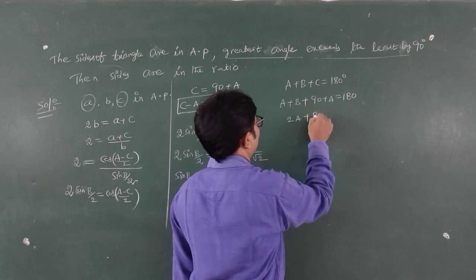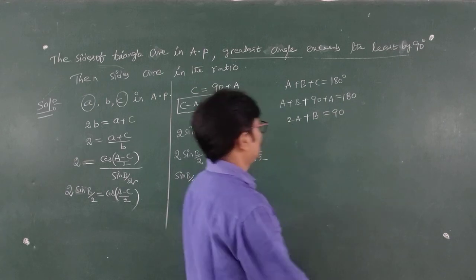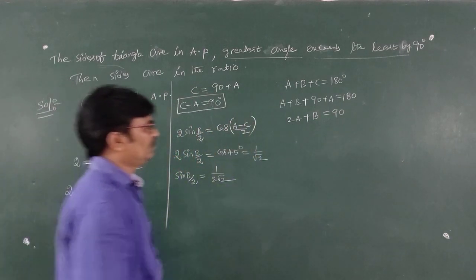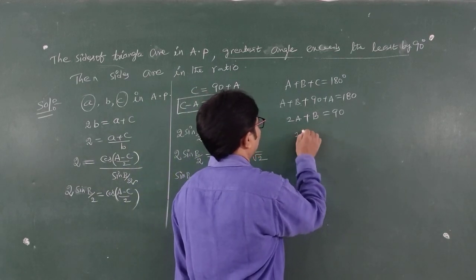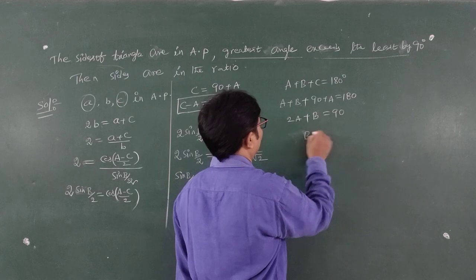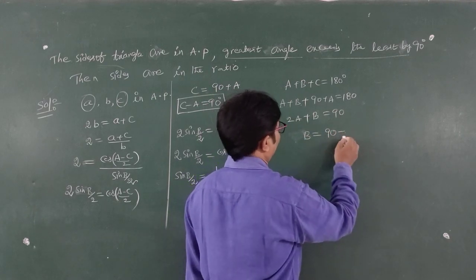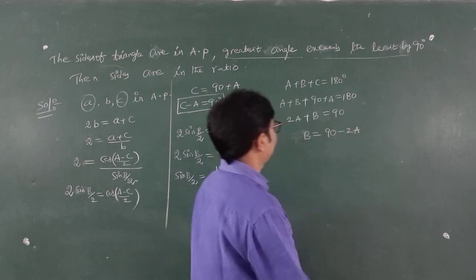This is, students, B equal to 90 minus 2A. So my dear students, right now we got here the value of B equal to 90 minus 2A.